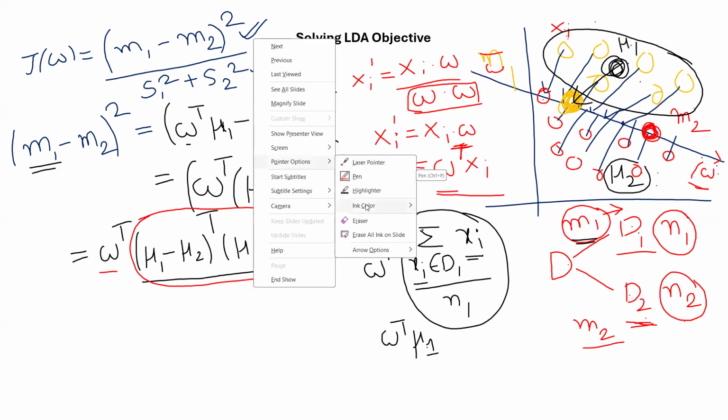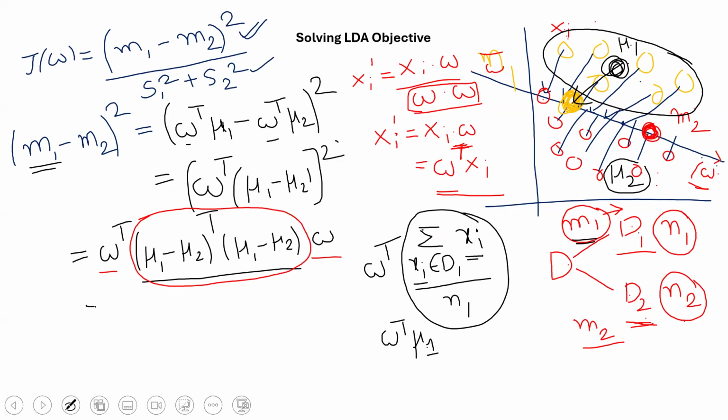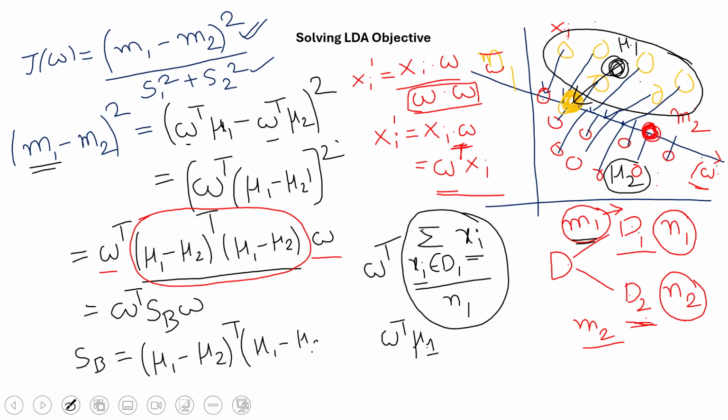I'm writing this as W transpose SB into W. What is SB? SB is nothing but mu1 minus mu2 whole transpose into mu1 minus mu2. So this is what SB is.